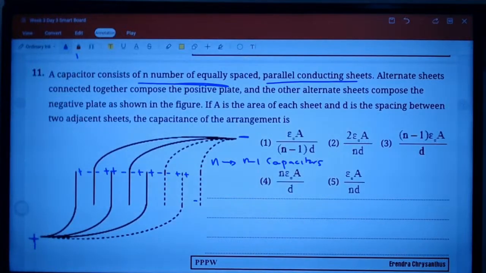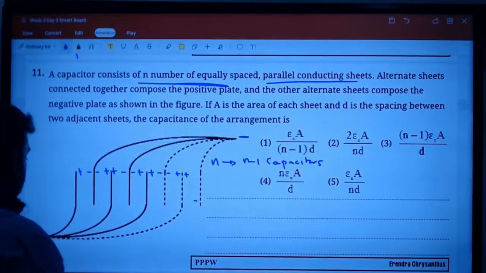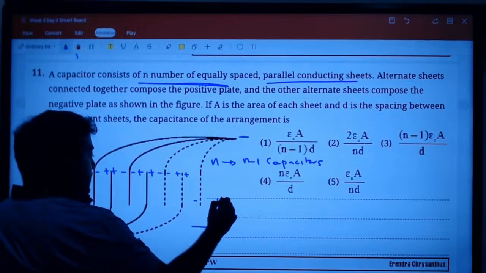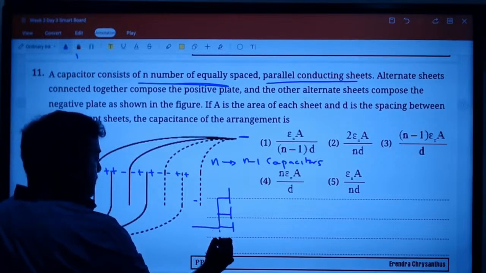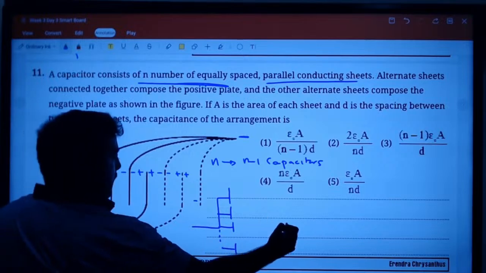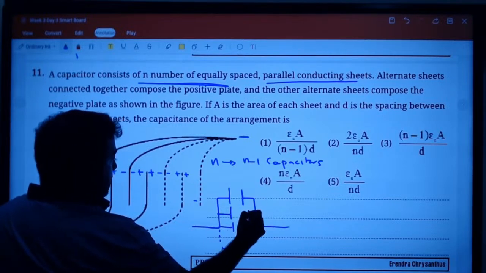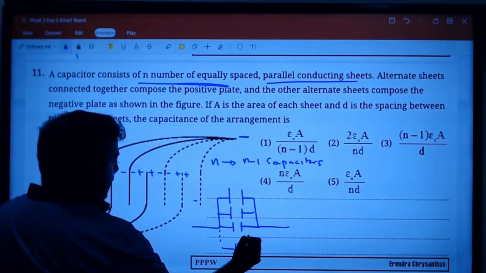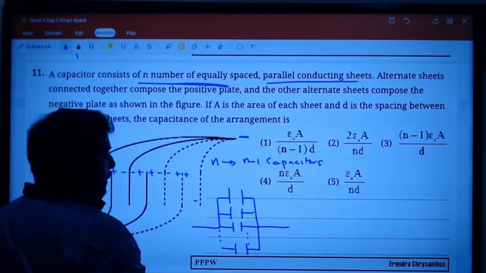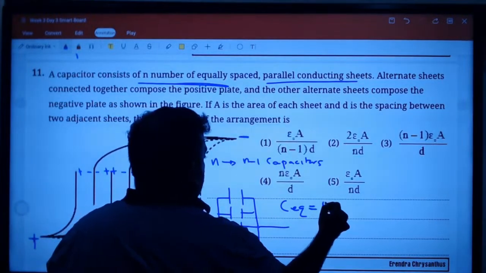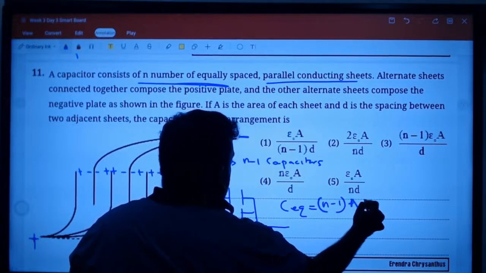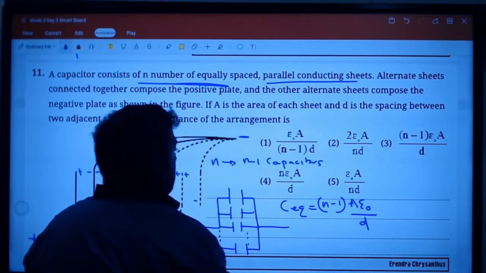Don't forget. How are the capacitors connected? Positive terminal like this, negative terminal like this. So the capacitors are connected in parallel to each other. Capacitors in parallel are like resistors in series. The equivalent is (n minus 1) A epsilon naught over d.